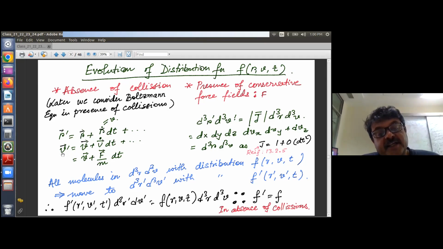And similarly, v dash at a later point in time can be written as the velocity at time t plus v dot into t, and this v dot is the acceleration, which is force by m.